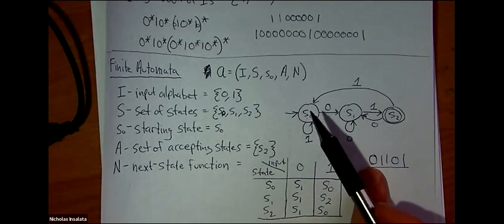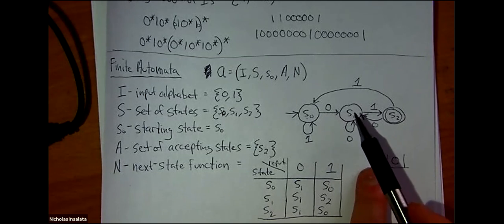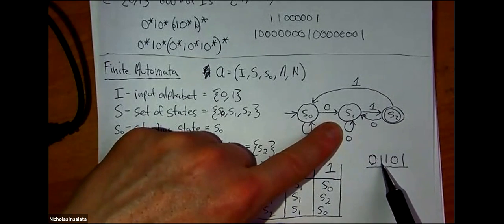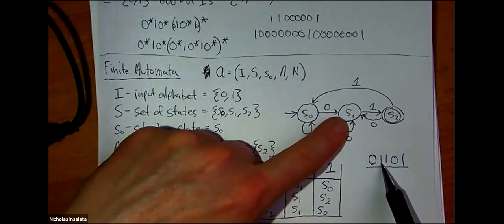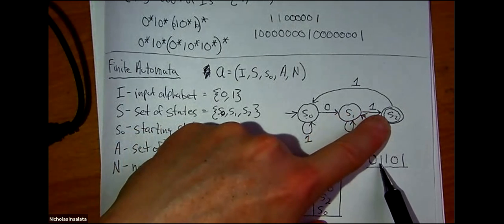Oh, you put in the whole answer. Okay, well, sweet. Reading a 0, we follow the 0 arrow down, which lands us in S1. Then we move on to the next symbol, which is a 1. And so from S1, we take the 1 arrow, which takes us down to S2.